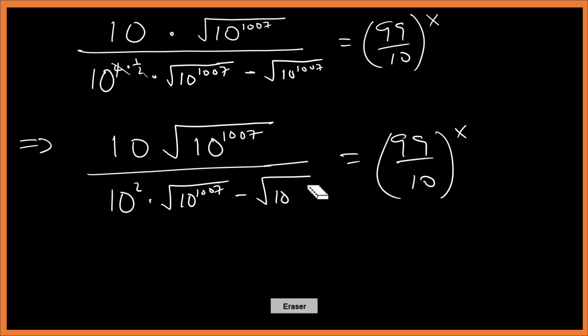Now from here we can factorize the square root of 10 raised to the power 1007 out.